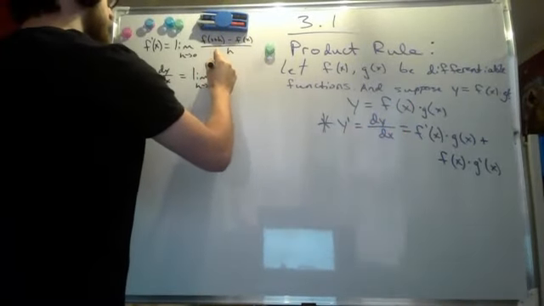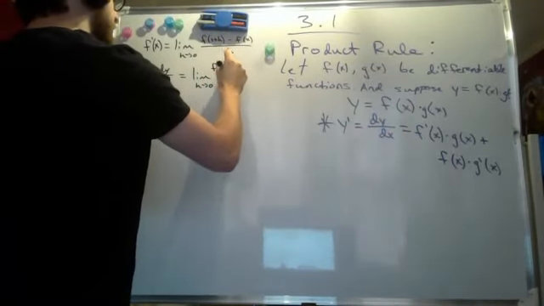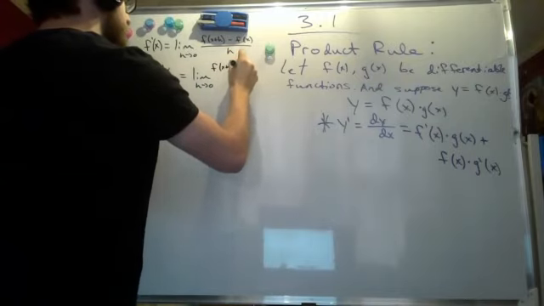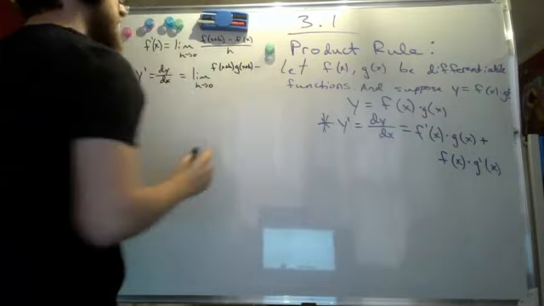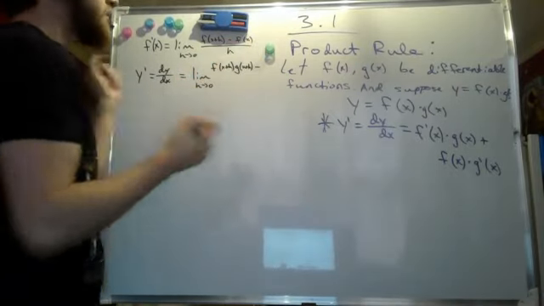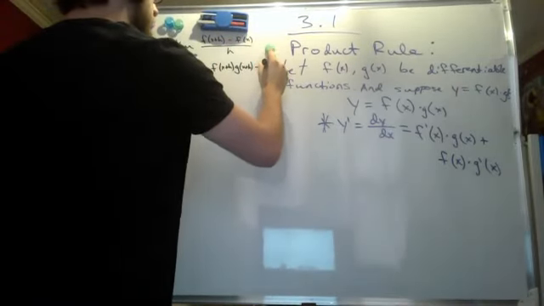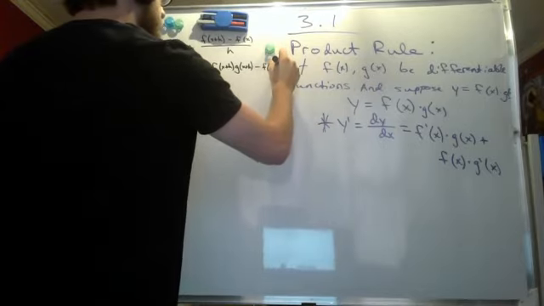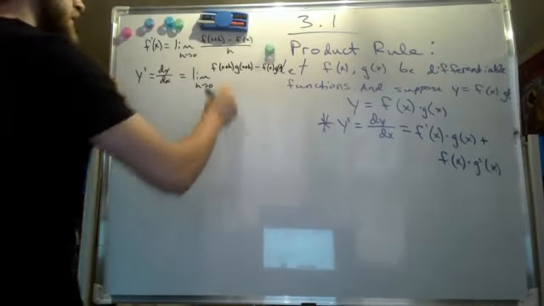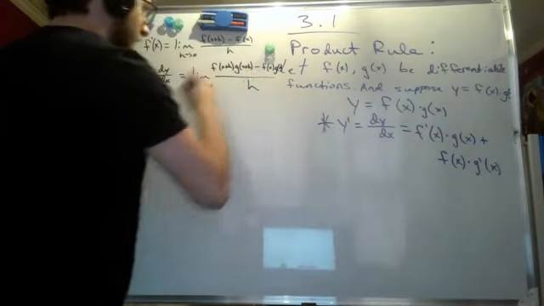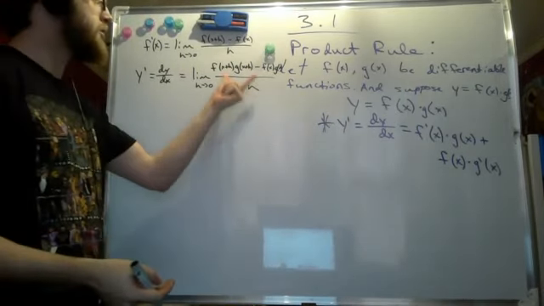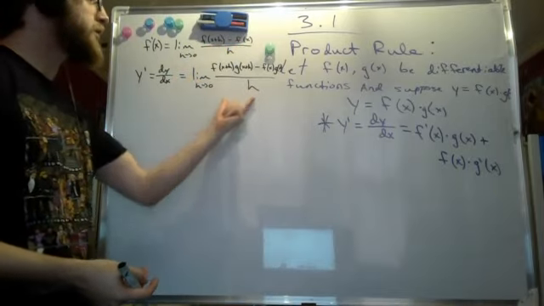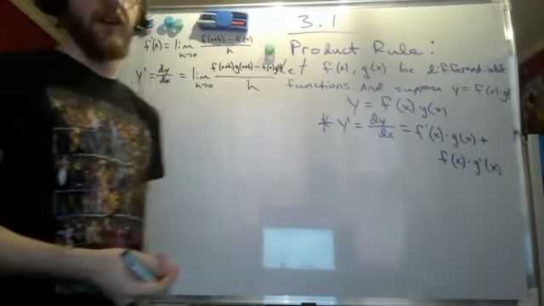So we're going to have f of x plus h times g of x plus h, and then minus the function when we just plug in x. So that's just f of x times g of x, and then divide by h. So far, nothing tricky. All we've done is just plug in based on this definition using what our function is.